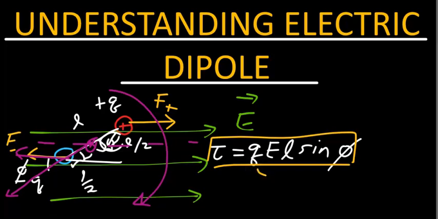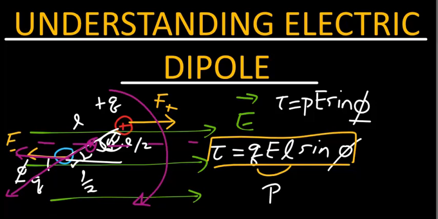If you notice, you have a product Q times L. That is what we call the dipole moment, or the electric dipole moment. So in terms of that, the torque magnitude can be written as P E sine phi. Again, phi is the angle between the dipole moment and the electric field.